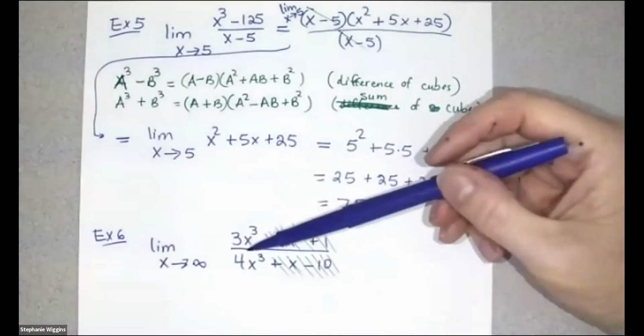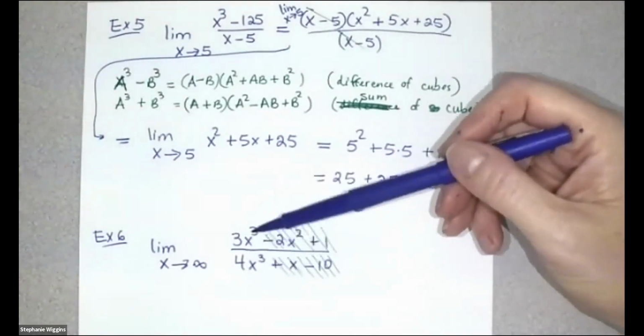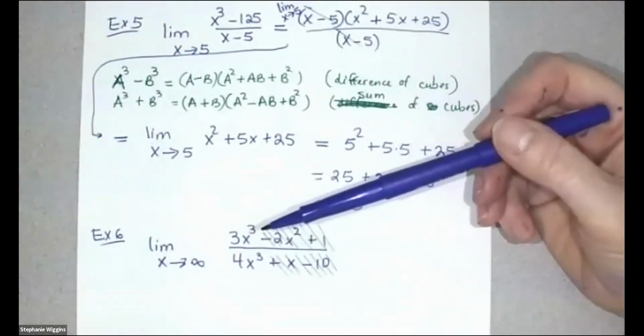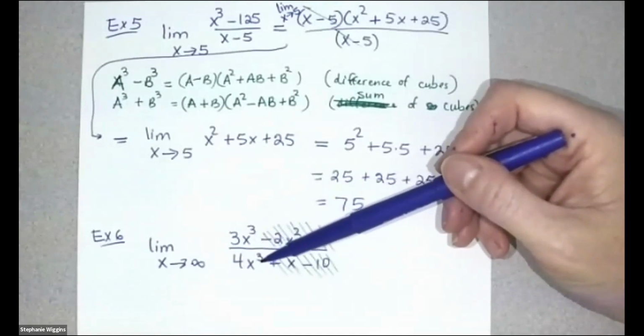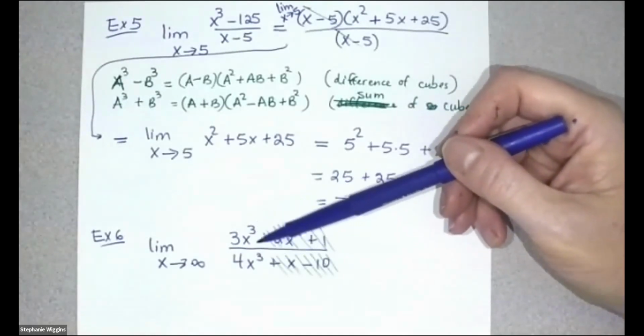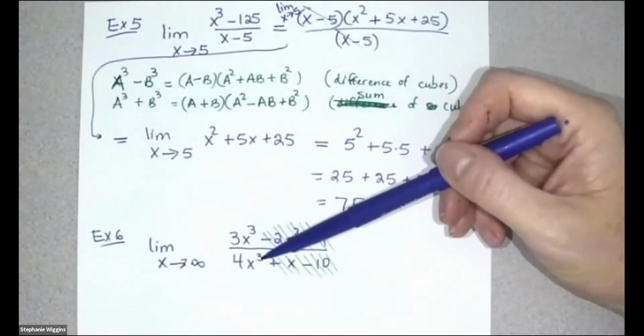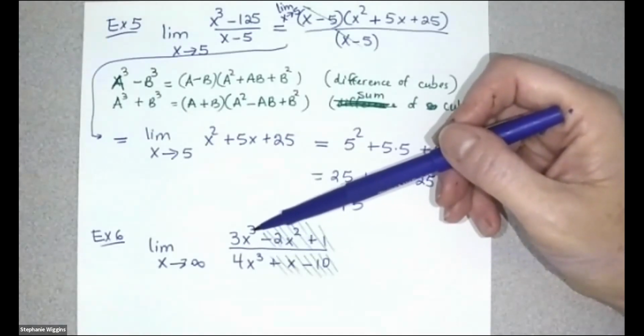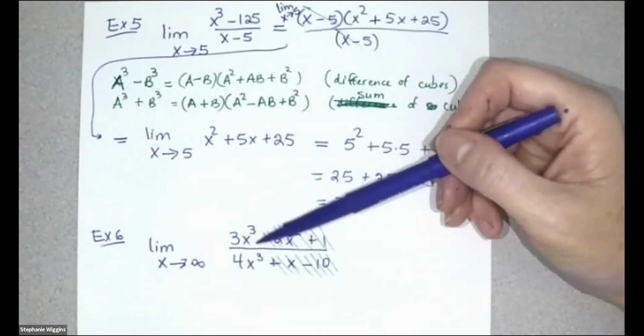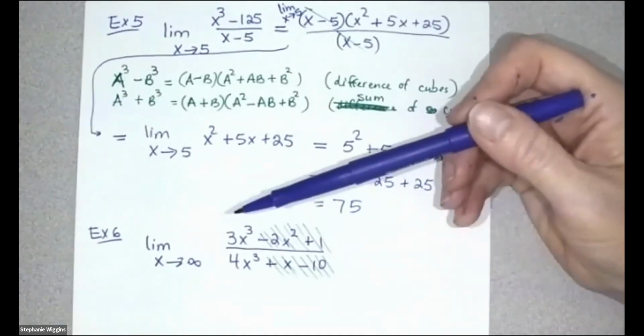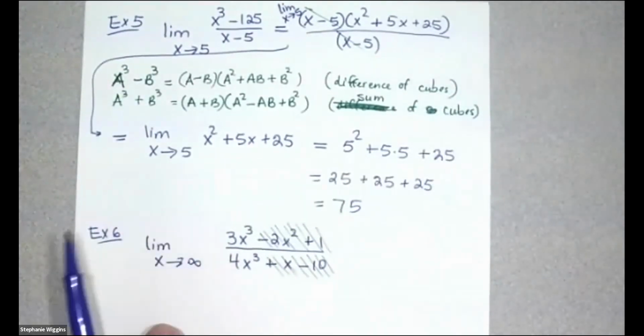So these 2 most powerful terms are battling it out. But as it turns out, notice they both have the same highest power. That's called the degree of the polynomial. They're both identical, so they're pretty evenly matched.